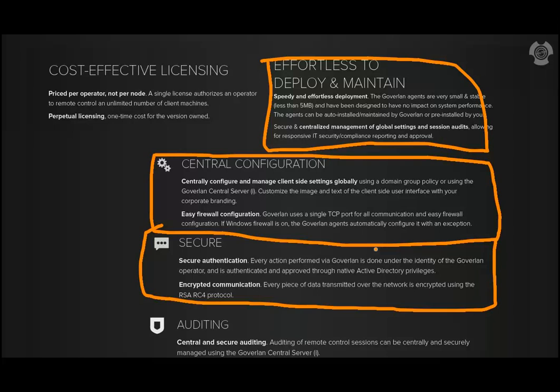If you're not a domain admin or a local administrator on a target machine and you go to perform an action, Goverlan is going to give you an access denied message and tell you to supply the credentials. All information is encrypted, either using the RC4 encryption standard or AES 256, which is our latest encryption package for version 8.